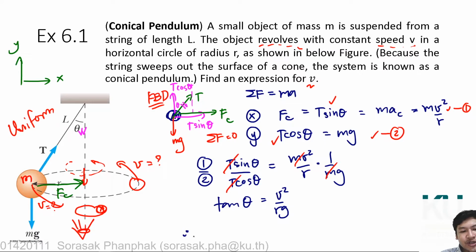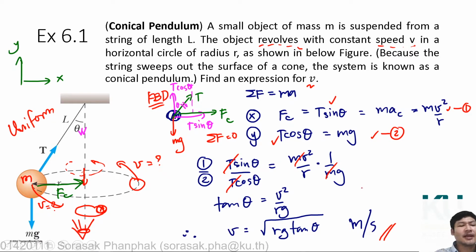If you would like to determine v, your v is the square root of rg tan theta, in units of meters per second. As I said again, most of what I show you in the examples is derived in a generalized form.